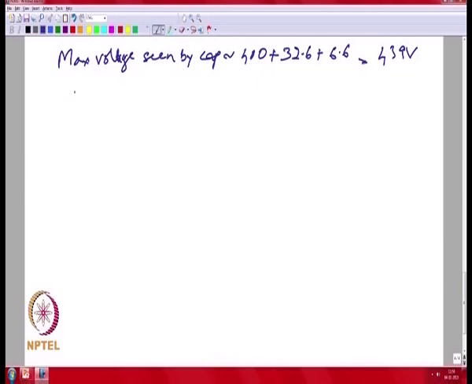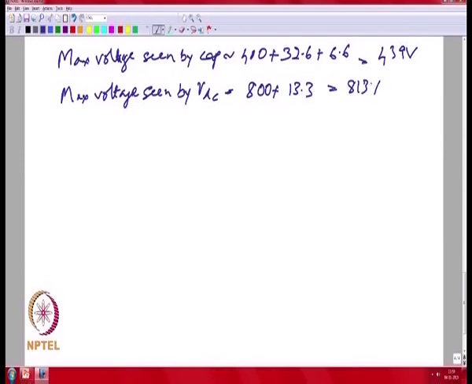Whereas, if you look at the overall total capacitor bank voltage, this is now twice your 400 volts, which is 800 volts, which was our DC value, plus 13.3, which is twice 6.6. So, about 813 volts is your total voltage seen by the whole top and bottom capacitor bank.